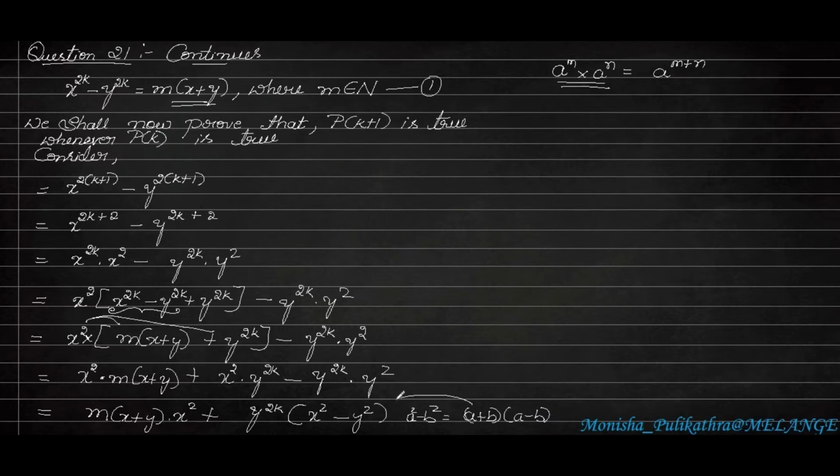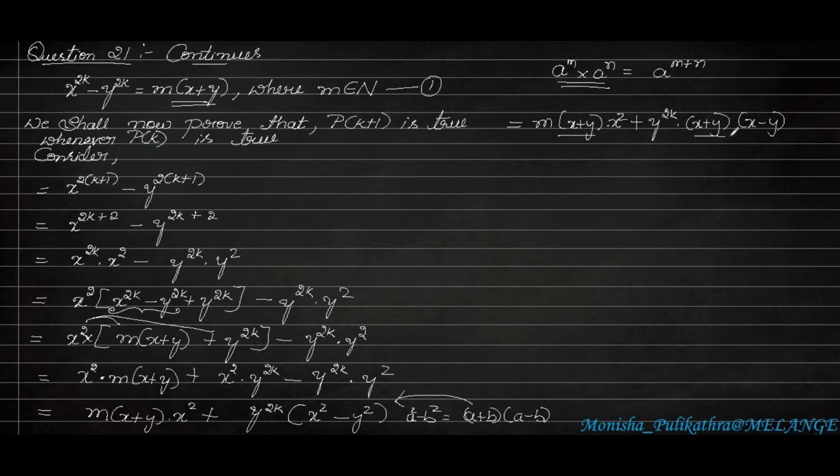So we will be applying this formula to this equation. Here it will become m into x plus y into x square plus y to the power of 2k into x plus y into x minus y.